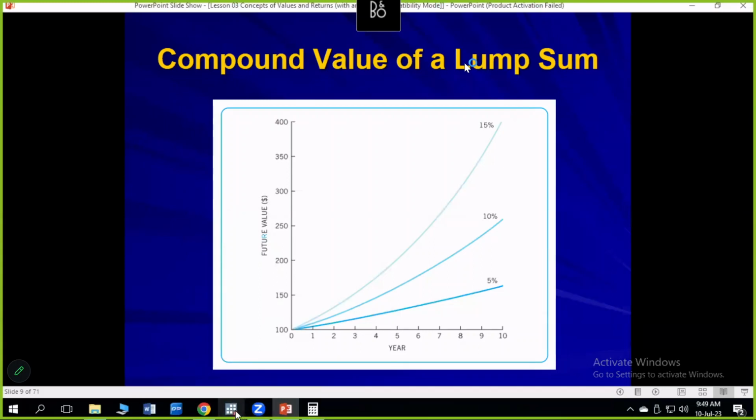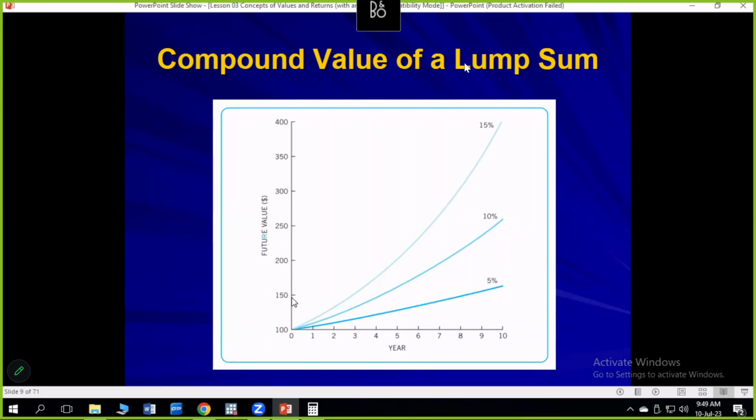But you want to know that when the interest rate is higher, you have the advantage of getting your future value at a higher level. Compare the second curve: the 100 rupees deposited at present becomes 250 rupees at the end of the 10th year at 10%.